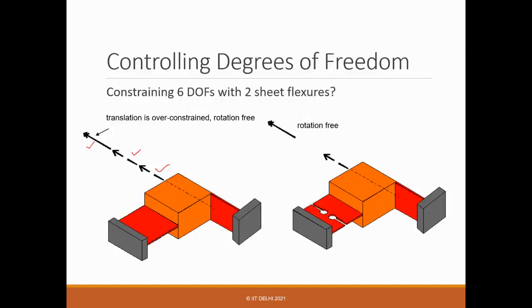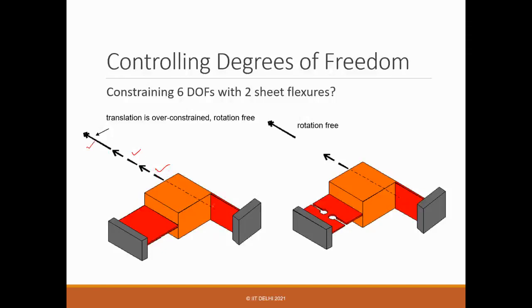Because 3 plus 3 is 6, but one of the translations is constrained twice, so it's over constrained. If we talk about the X direction, both of the flexures are constraining that translation, and because of that it's 6 minus 1, so it's constraining only 5.